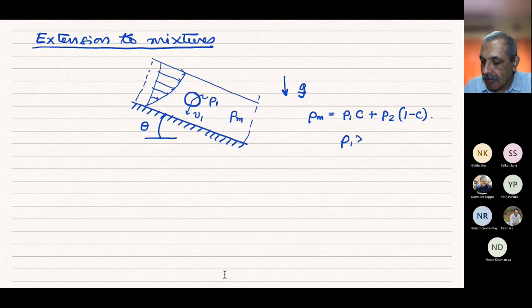And again, rho 1 is greater than rho 2. So now you have a mixture of particles outside, and you want to consider one particle in a mixture and calculate the velocity.